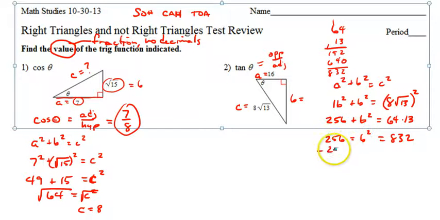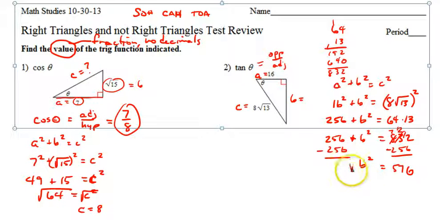So I'm going to subtract 256 from this side, and subtract 256 from this side. And I get b squared equals, oh, this should be a plus right here. B squared equals 576.